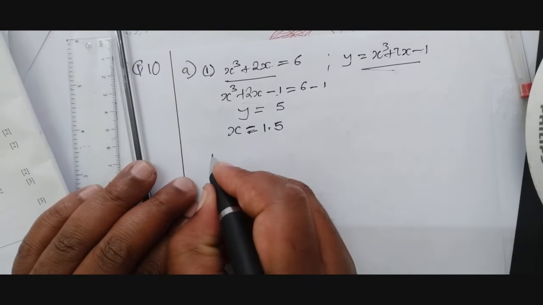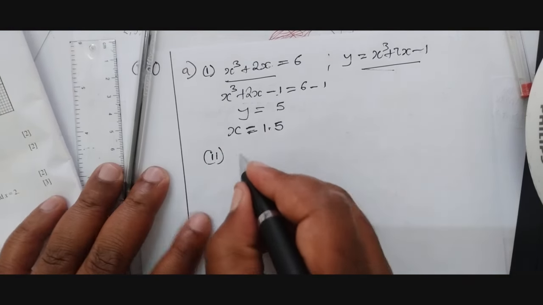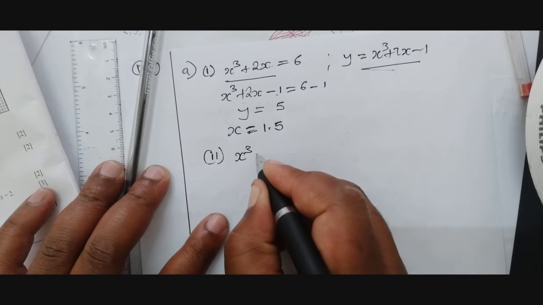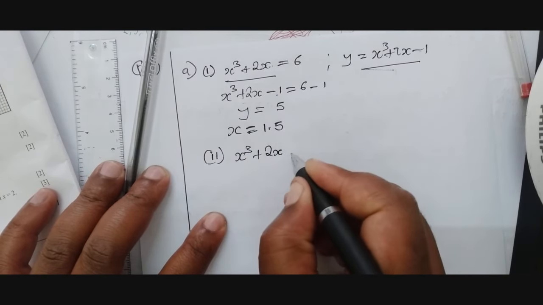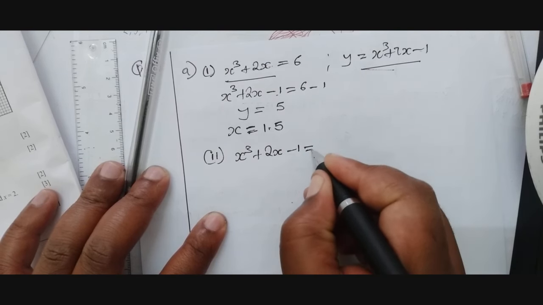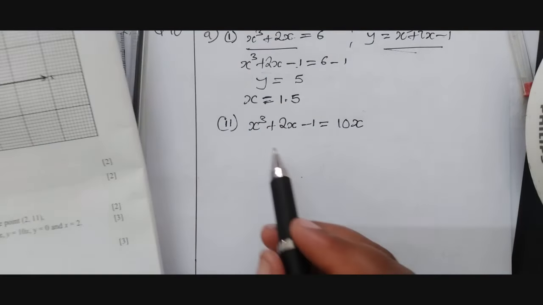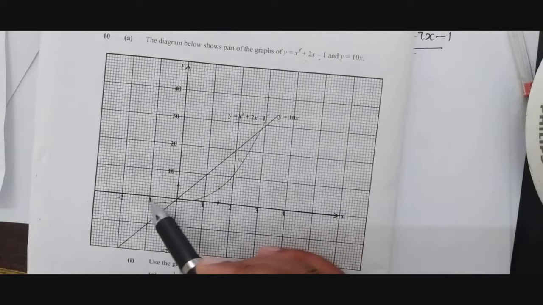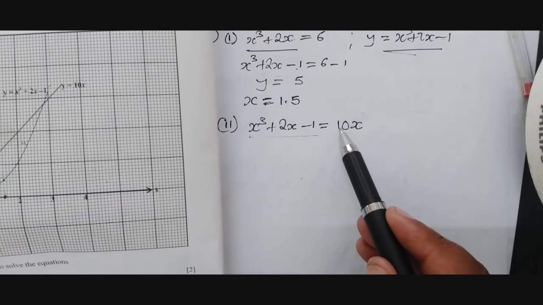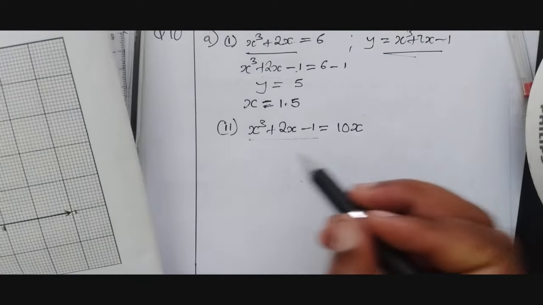Okay? Then number 2. We need to solve x to the power 3 plus 2x minus 1 is equal to 10x. So, you need to check if at all you have got this graph. We have it, which is the curve here. Then do we have this one? 10x. Yes, we have it here. So, where do we find the solutions?